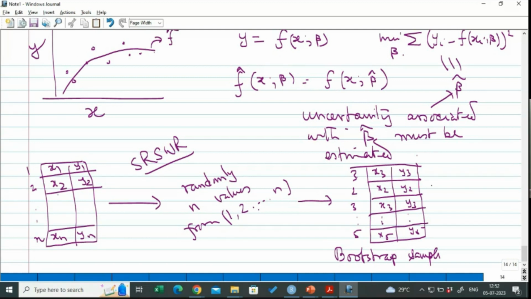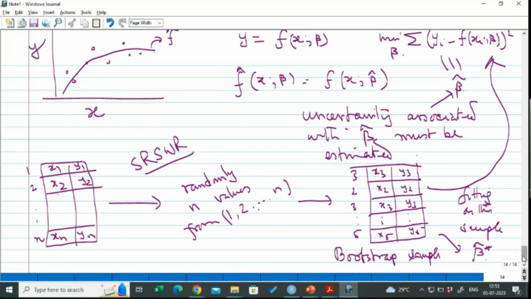So again, perform this fitting exercise on this bootstrap sample. This is going to give you another estimate of beta, which is going to be maybe different from the original one. The original beta hat is this; let me call the new one beta star. So this is another estimate we have got.